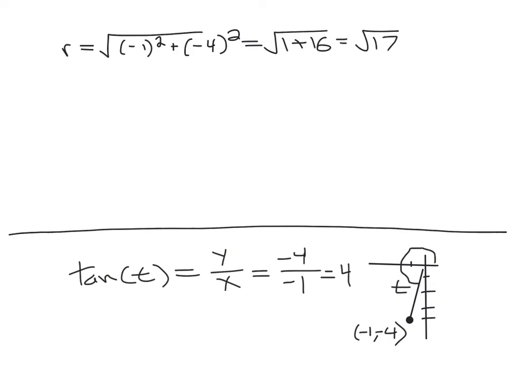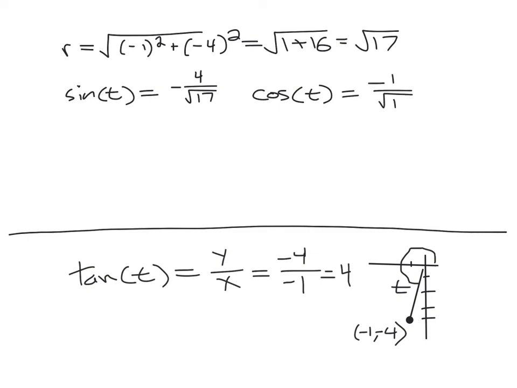So now we must have that sine of t is the y coordinate of that point, which is negative 4 over the square root of 17. And the cosine of t is the x coordinate of that point, which is negative 1 over the square root of 17. We could rationalize those denominators now, but we don't really need to.